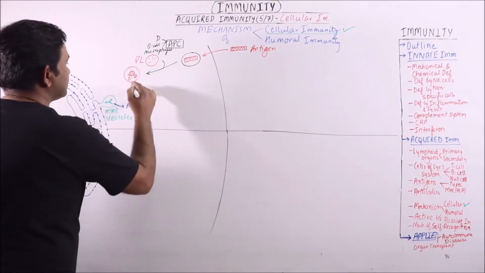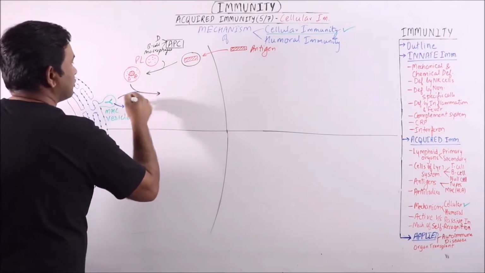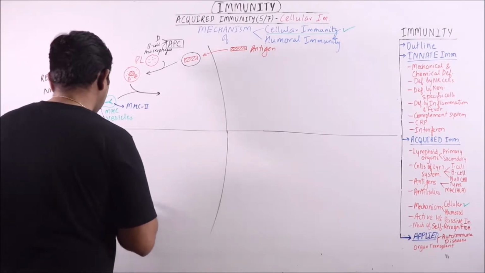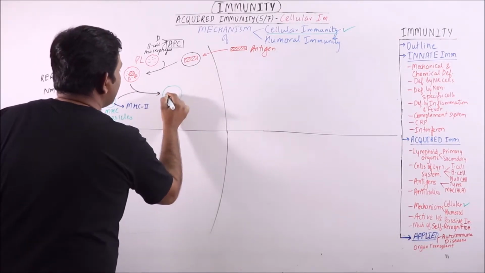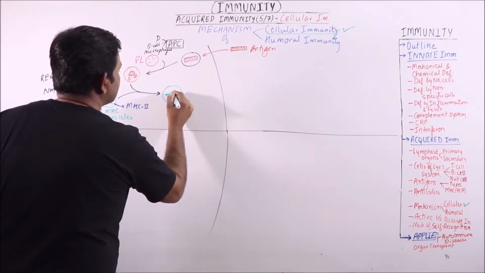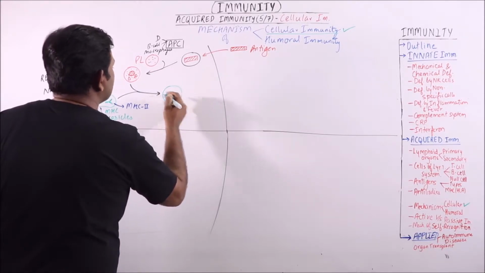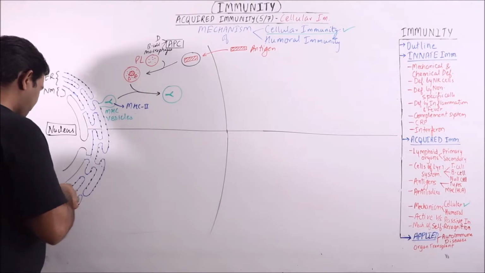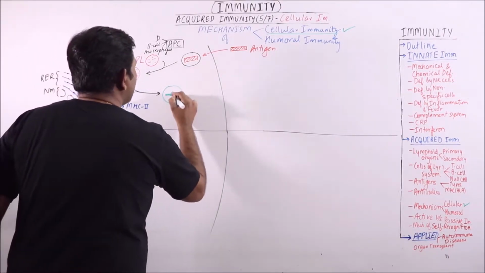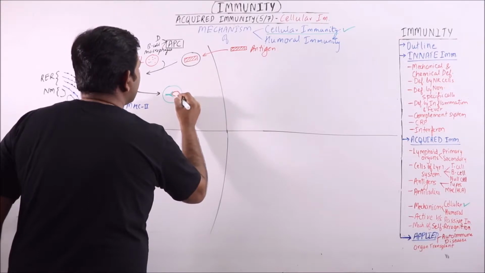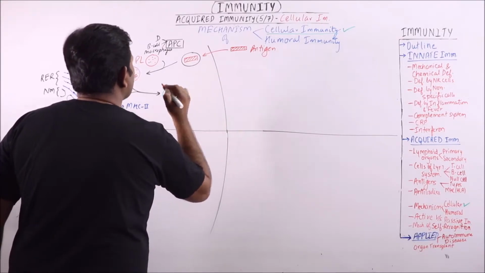Both vesicles fuse, and one of the peptides will bind with the MHC protein.